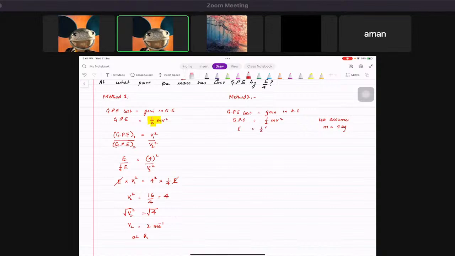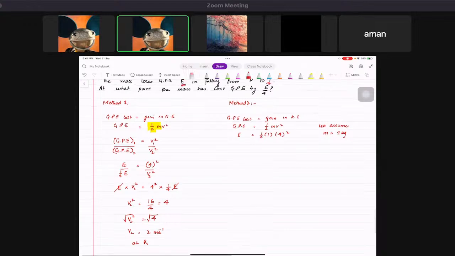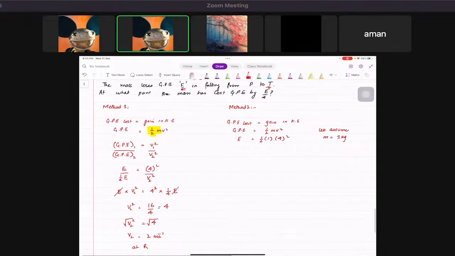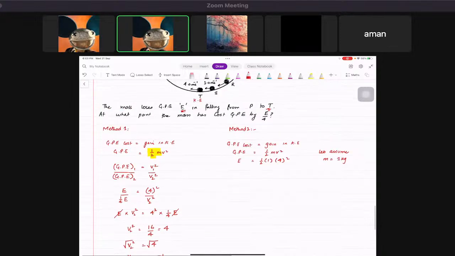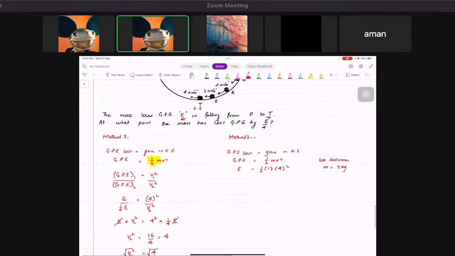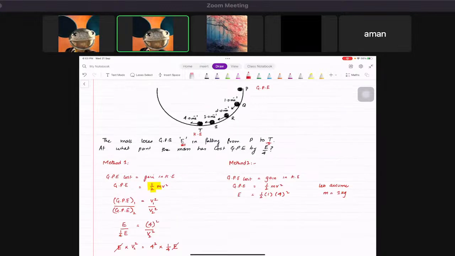I'm putting 1 as mass when the speed was 4 square at position T. Do you understand? Right. So this would make the energy, if it was just 1 kg mass, it would have lost 16 divided by 2, 8 joules of total gravitational potential energy. Do you understand this?